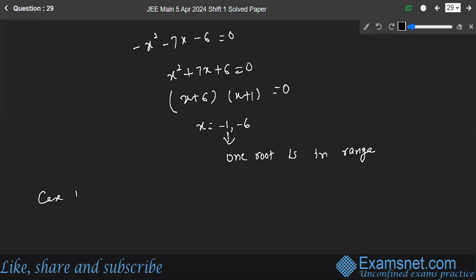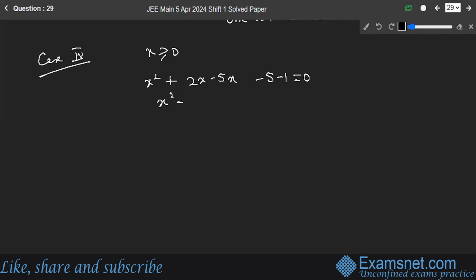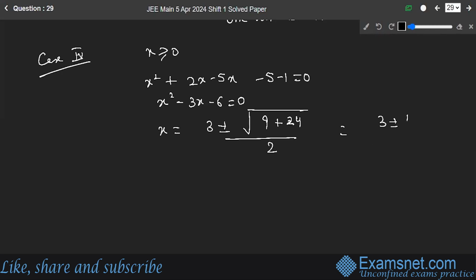Fourth case, when x is positive number, that is greater than equal to 0. So in that case, you will have x squared 2x minus 5x minus 5 minus 1 is equal to 0, or x squared minus 3x minus 6 is equal to 0. Again, you will have x is equal to minus b plus minus root of b squared plus this 24 upon 2, which is 3 plus minus root of 33 upon 2.